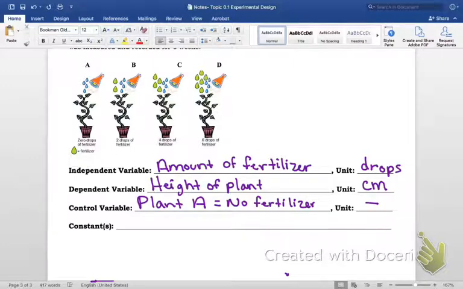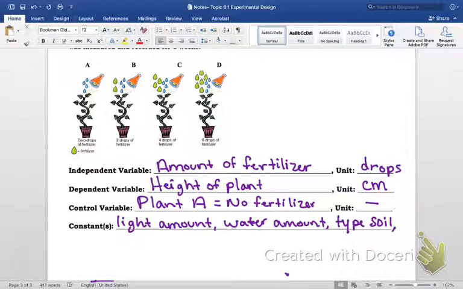So constants, if you read through the scenario up the top and look at the diagrams, there's lots of things that are constants. So you can probably come up with a wide range of lists. Some common ones I can see is the light amount, the amount of water, I would say the type of soil, and they also mentioned the volume of soil, the 100 cubic centimeters, so amount of soil.